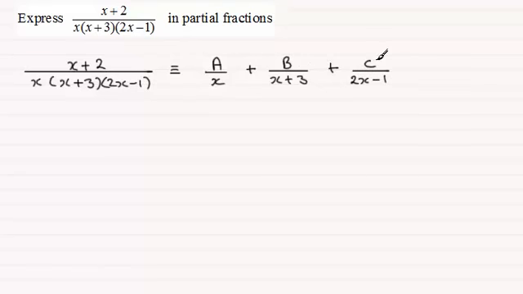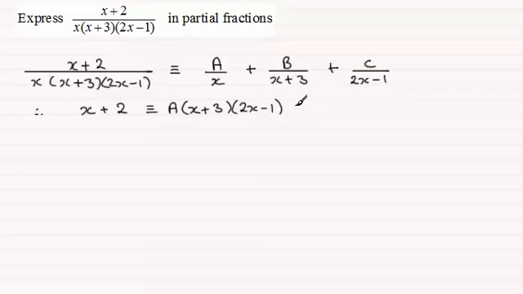And to get A, B and C, what we need to do is multiply by the denominator to each side. So if we multiply the left hand side by the denominator, x times (x + 3) times (2x - 1), it's just going to leave us with x + 2. So x + 2 would be identical to, and if we multiply this fraction with the denominator, the x's will cancel and just leave me with A multiplied by (x + 3) multiplied with (2x - 1).